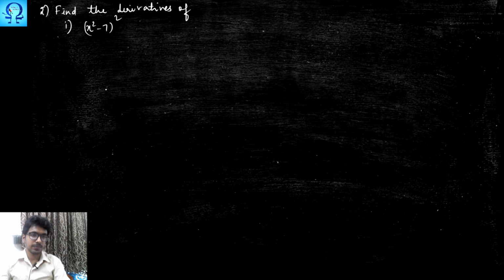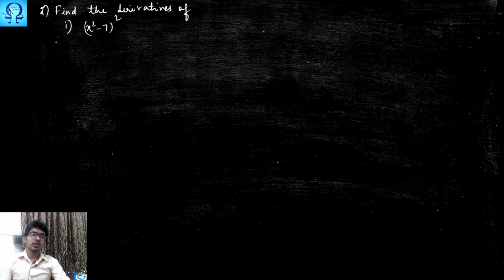Here in this problem we are asked to find the derivatives of the first function, x square minus 7 whole square. How can we do this? This may be done in two ways.